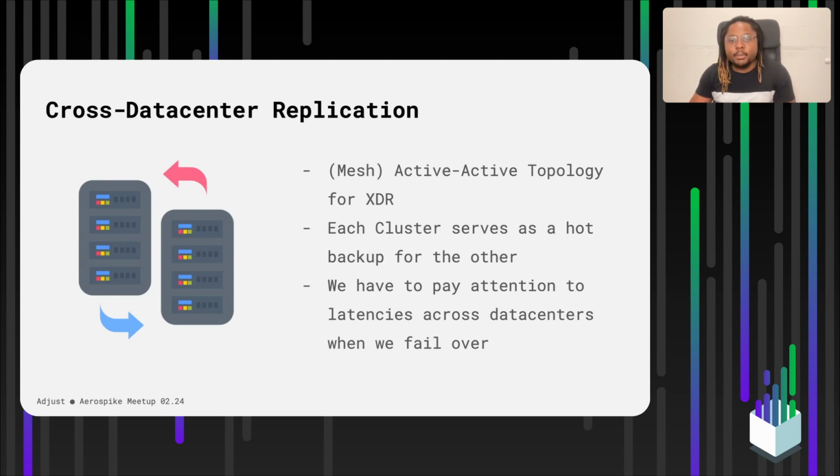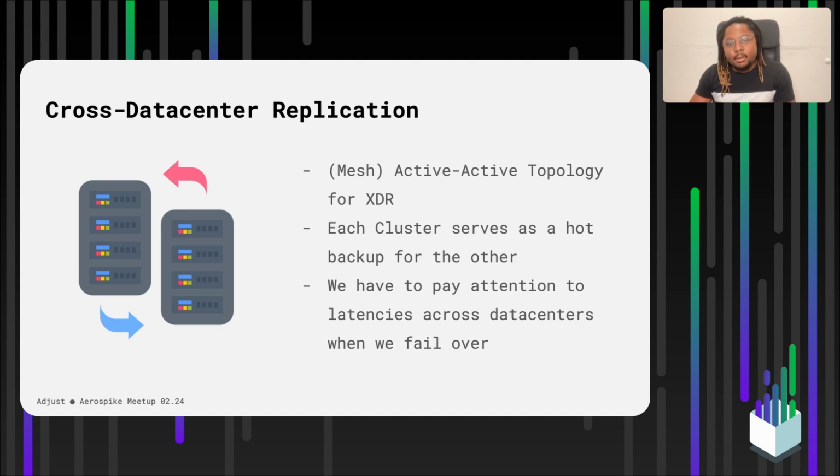As much as we have a replication factor of 2 in each data center, cross data center replication increases the number by the number of data centers that we have. So in essence, we have 6 records of each data, with 2 being in each data center.